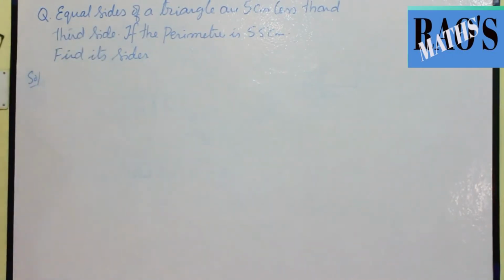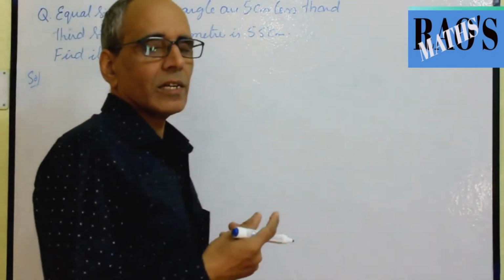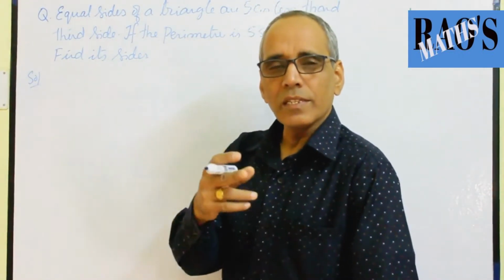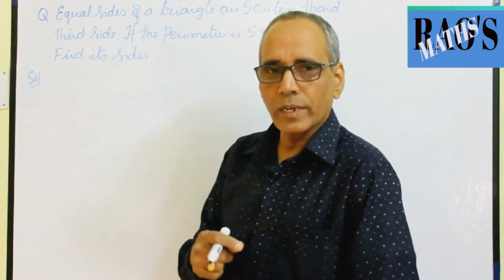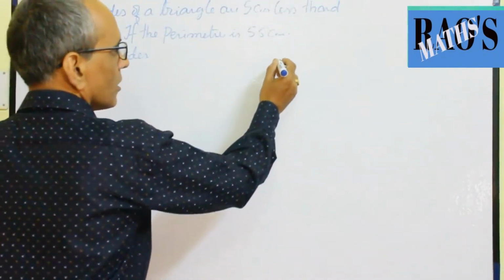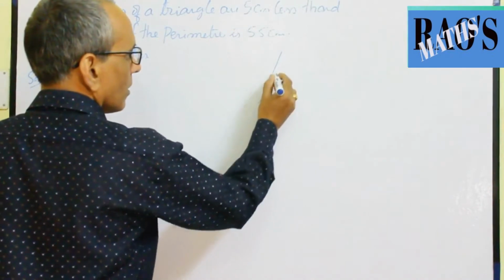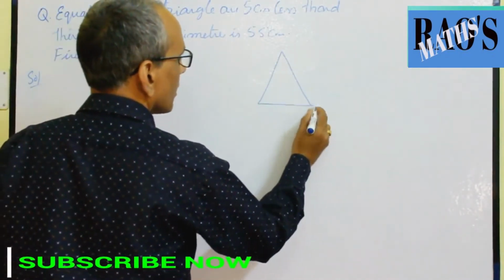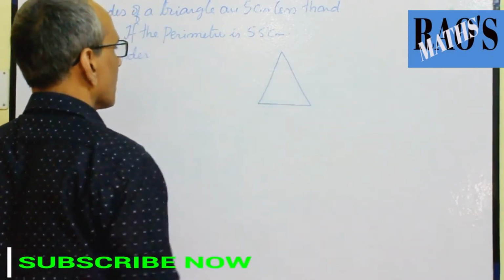So by the wording, the first phrase gives an idea: if two equal sides of a triangle, that means in this triangle two sides are equal. So it is an isosceles triangle. If you draw a figure, it clarifies all your doubts. Let me draw a figure for the isosceles triangle, where these two sides are equal.